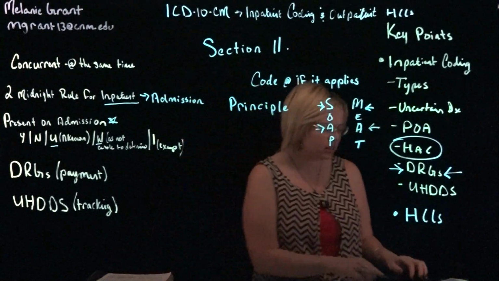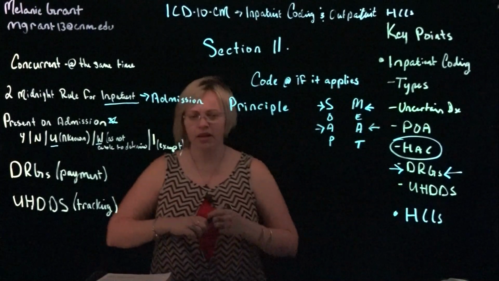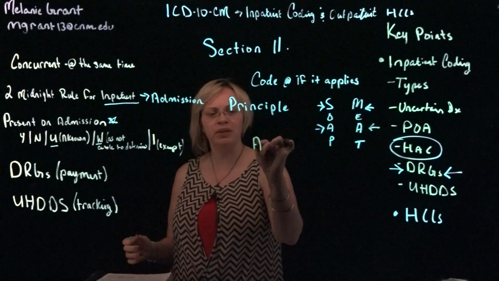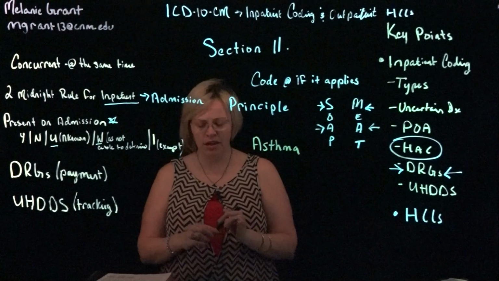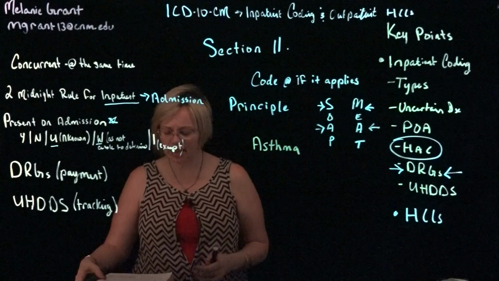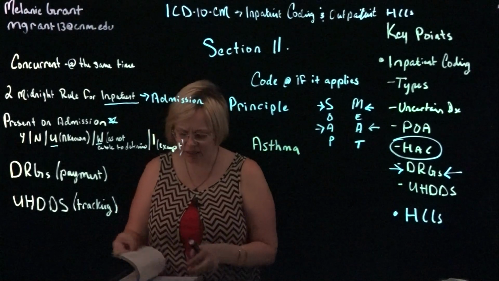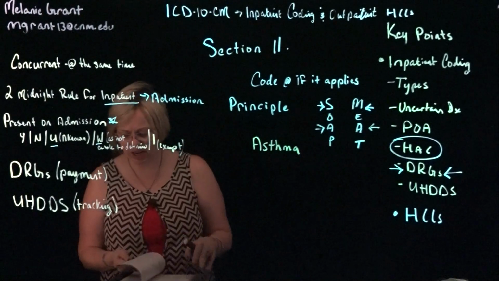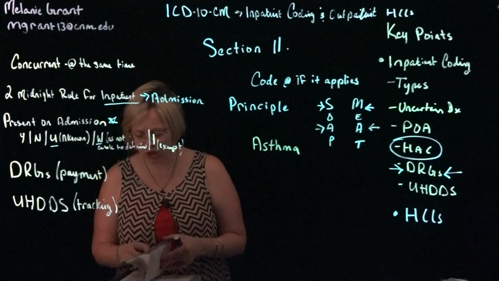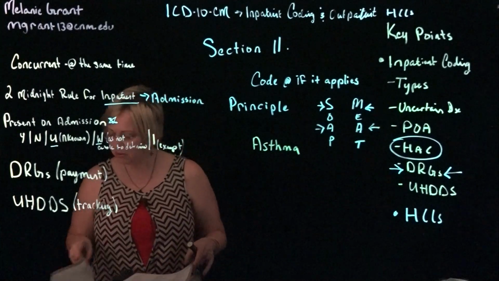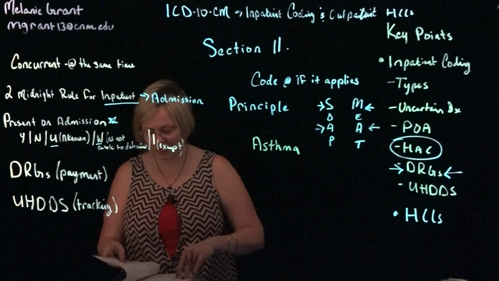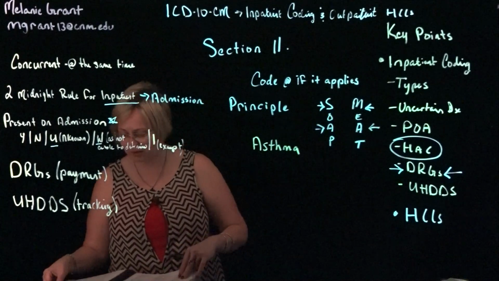So let's talk about an example then. Let's say you have a patient that's admitted with asthma. Okay, now if the provider lists that they have asthma, I'm going to actually go into my asthma coding here as we're talking, because I can give you some of the code examples which we'll be learning when we talk about respiratory coding later on in section 3 of our class.